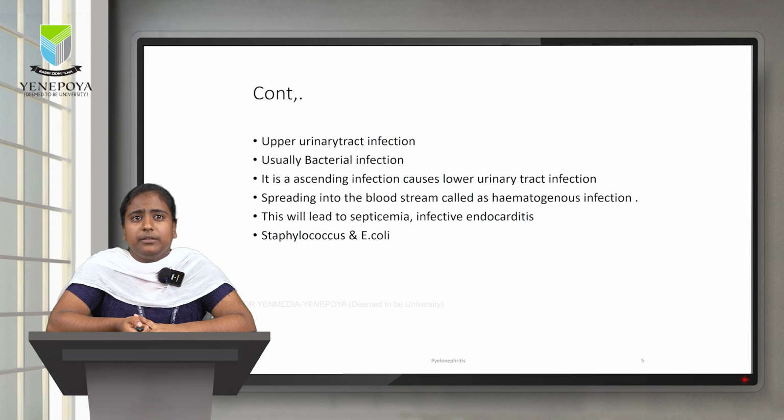It is usually a bacterial infection. The ascending infection causes lower urinary tract infection, and when it spreads into the bloodstream, it is called a hematogenous infection. This will lead to septicemia and infective endocarditis. The causative organisms for septicemia and infective endocarditis are Staphylococcus and E. coli.